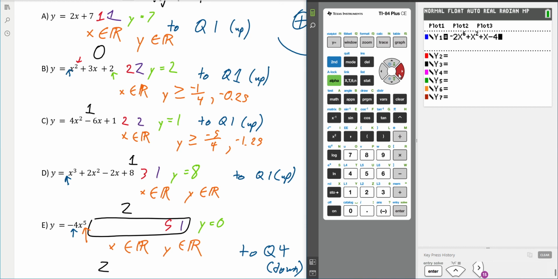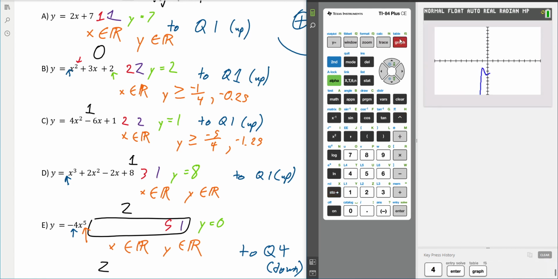I think we need all of them. Yeah, I'm just making a pretty ridiculous function just so that we can see it look kind of weird.